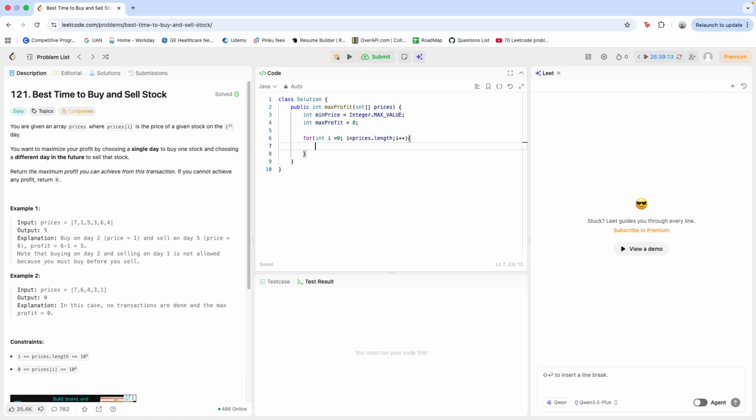First we'll check the minimum price condition. We check if prices of i is less than min price, then we update the min price: min price is equal to prices of i.